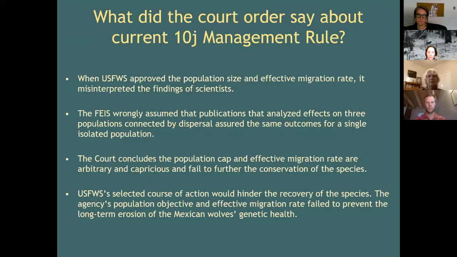So I just wanted to dive a little bit more into exactly what the court order said when Judge Zips found the 2015 management rule as insufficient to the long-term recovery of Mexican wolves. She actually had some very harsh criticisms of the 10-J rule, which included that both the population size and effective migration rate were misinterpretations of the findings of scientists.